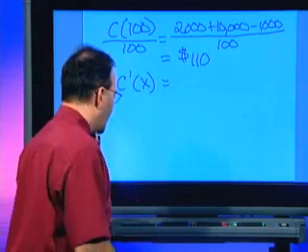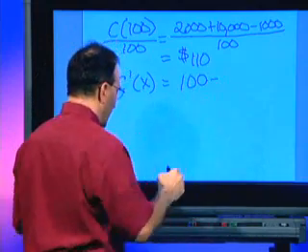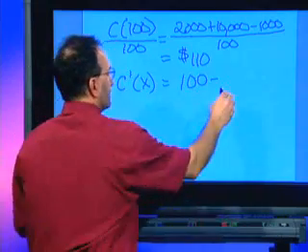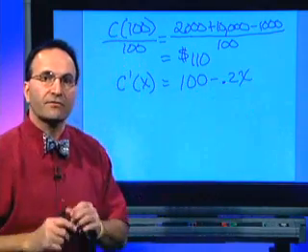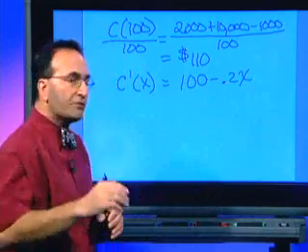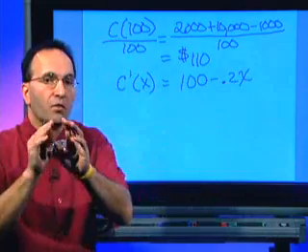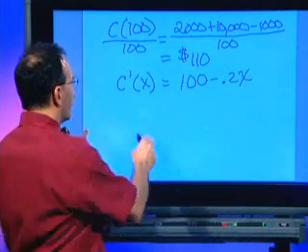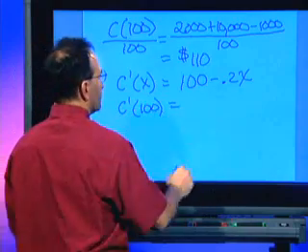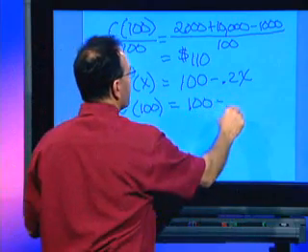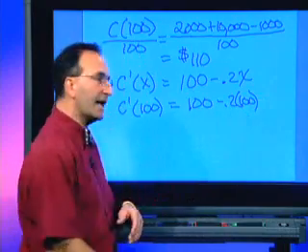Then the remainder of it is 100 minus 0.2x, and that's the first derivative. Now, what we're interested in is the marginal cost of the 100th machine. So we want C prime of 100. So that's 100 minus 0.2 times 100. And when you work that out, you get $80.